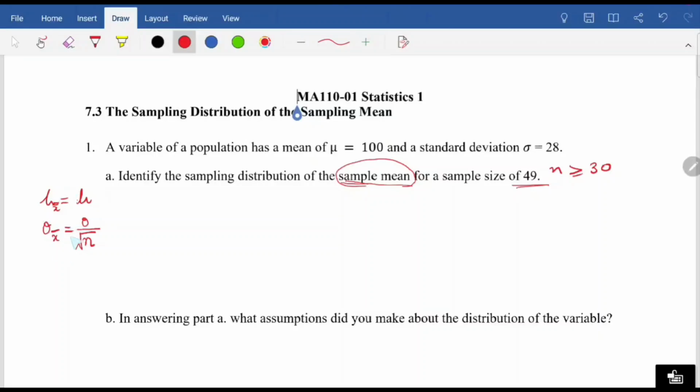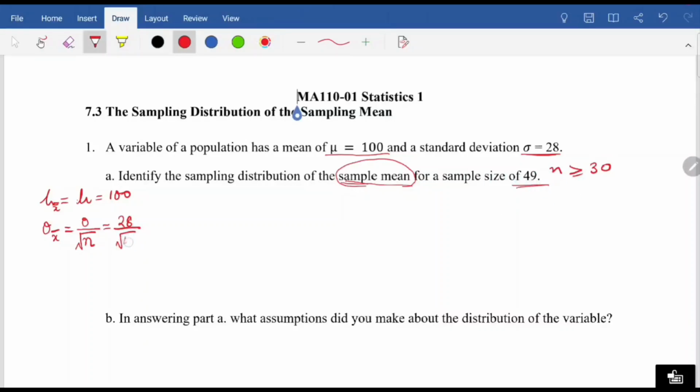So let's calculate our means. The mean of all the sample means is equal to the population mean. The population mean is given to us as 100. So the mean of all the sample means is going to be 100. What about the standard deviation? The standard deviation of all the sample means is the population standard deviation, which is given to us as 28, divided by the square root of n, where n is 49.